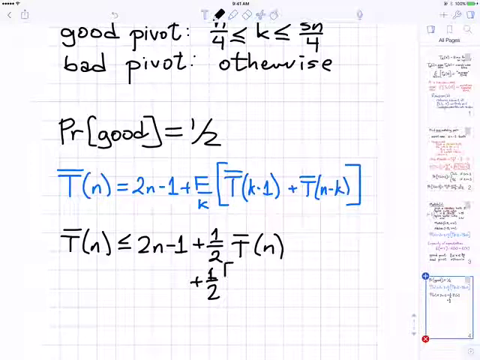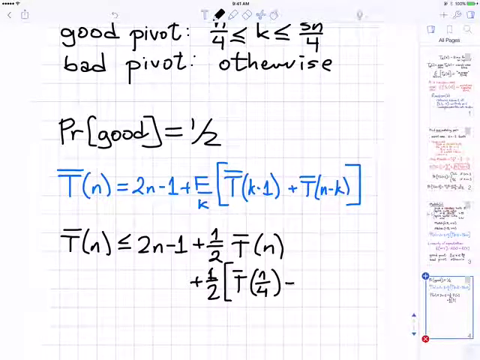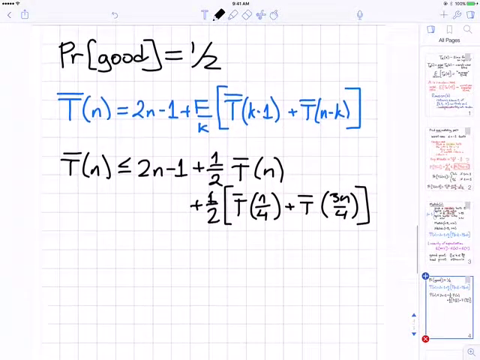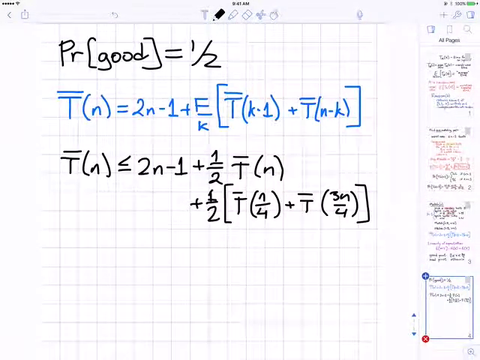So the worst pivot I can hope for is, ignoring floors and ceilings and minus 1s, t bar of n over 4 plus t bar of 3n over 4. Now, this is a really strange recurrence because I have this function t bar of n on the left, and the same function t bar of n on the right.